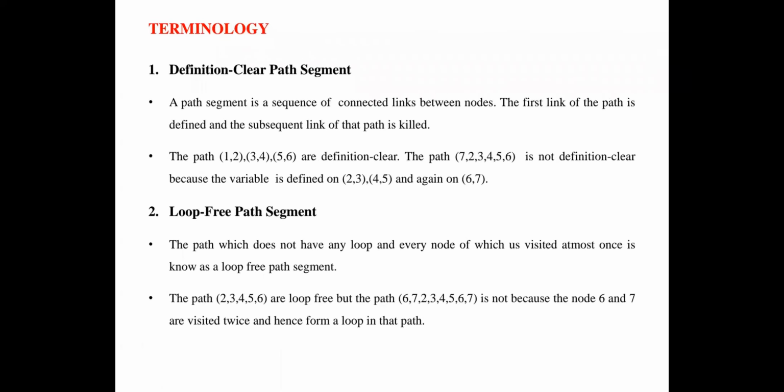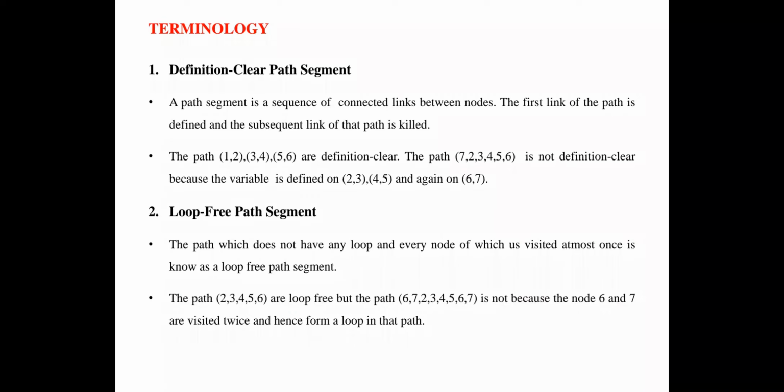So the first one is definition clear path. From the name you can understand that the path segment you are taking should be clear of redefinition. It does not have any loop. It should start with the definition. For example, if you are taking a path for a variable X or Y or Z, that variable should start at a node of the definition.